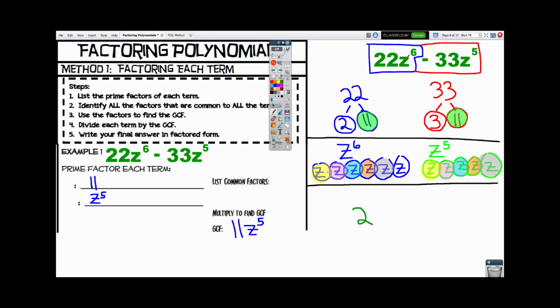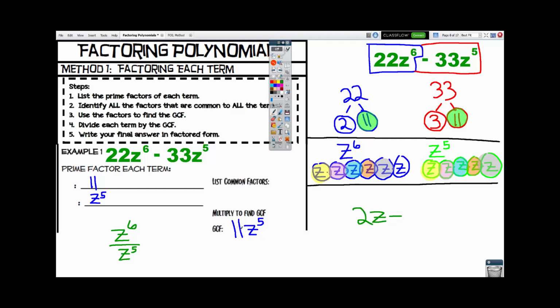And z to the power of 6 divided by z to the power of 5 is going to give us z to the power of 1, or just z. Then we bring down our subtraction sign. If it were a plus sign, we would bring it down all the same.